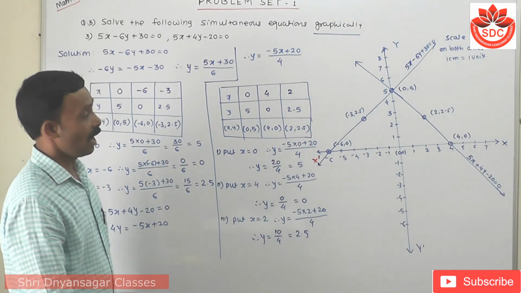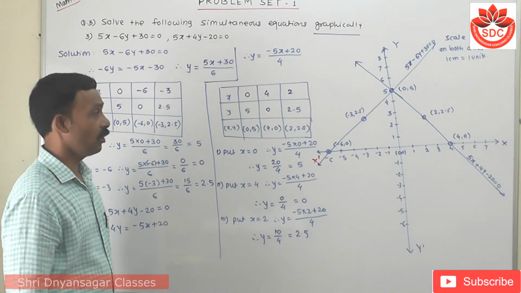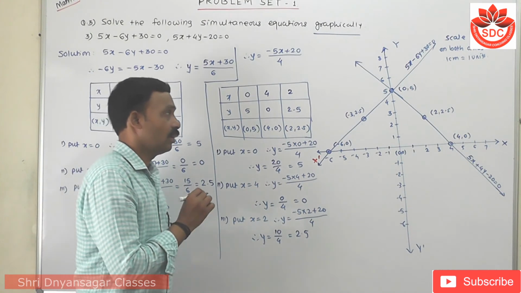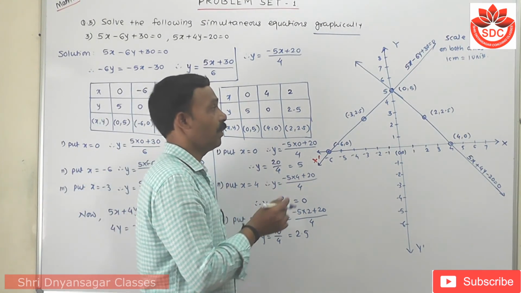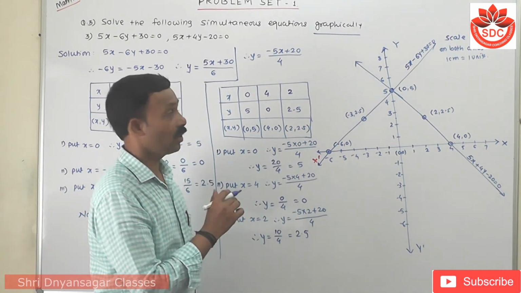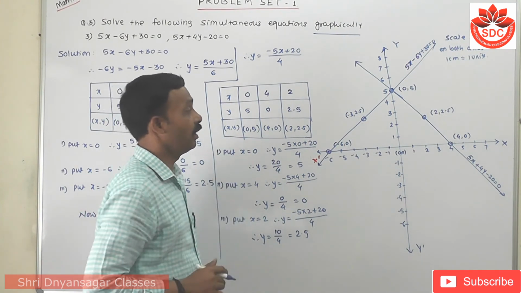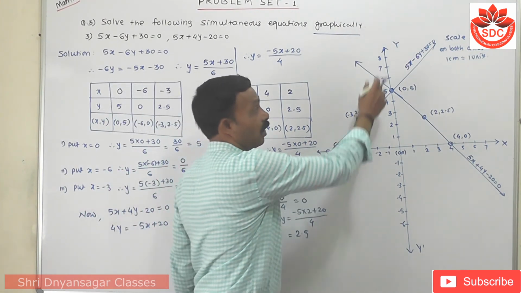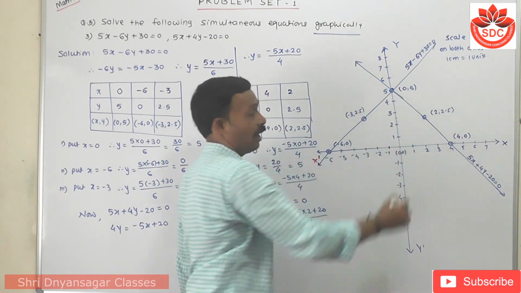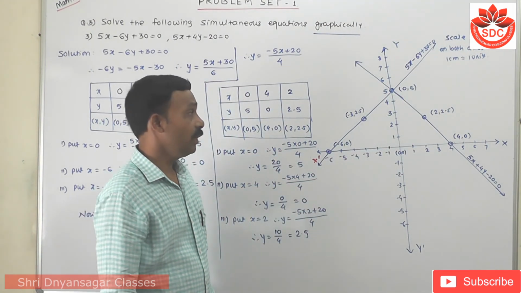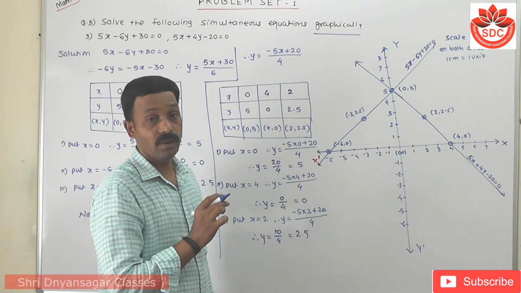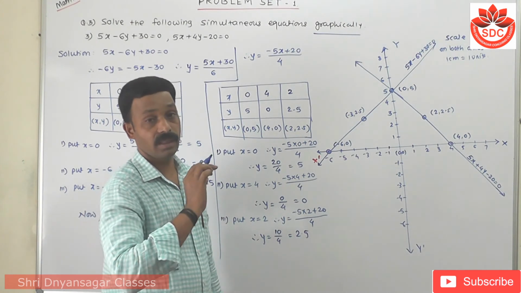Now student, always write the answer of the given equations by using the graph table, because we have to solve this example by the graphical method. Now here these two lines are intersecting at one point and this point is 0 and 5. This means these are the values of x and y which satisfy both equations.